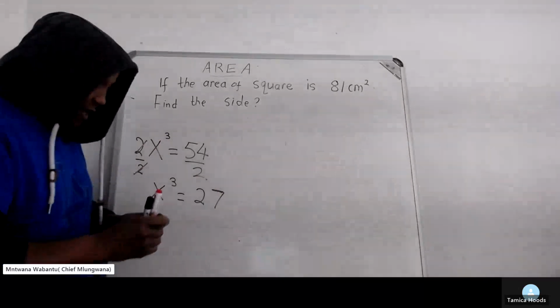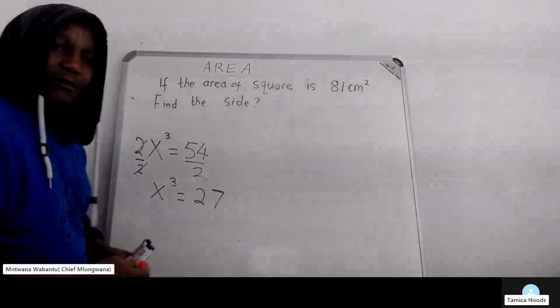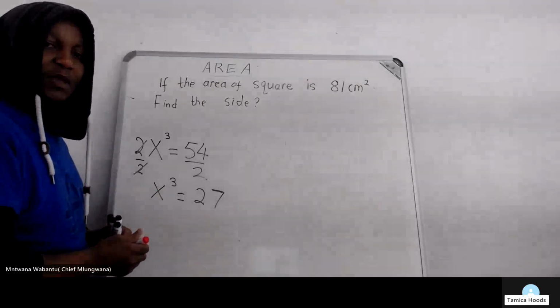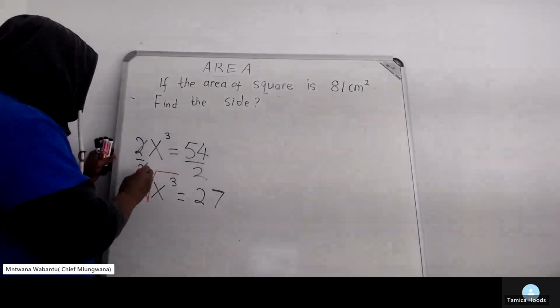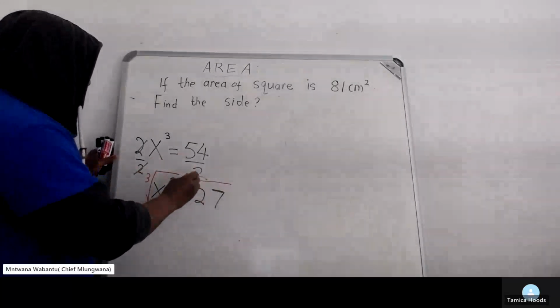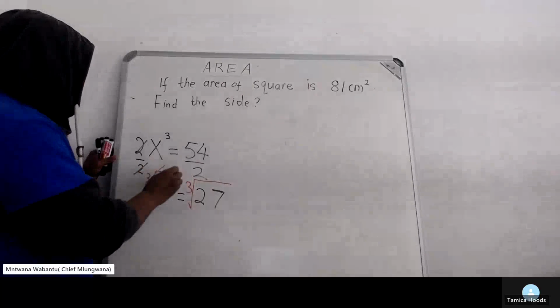And then what we're going to do from there is the cube root. So we're going to cube root, writing 3 here, and now I'll write my 3 here. These cancel.